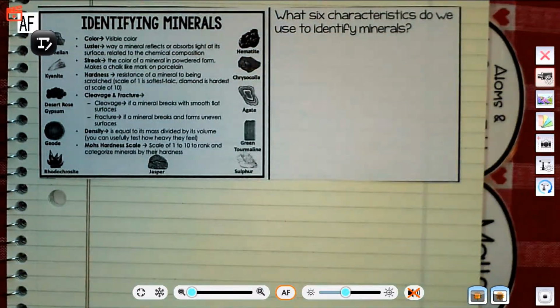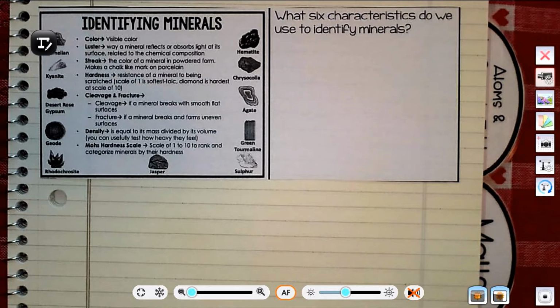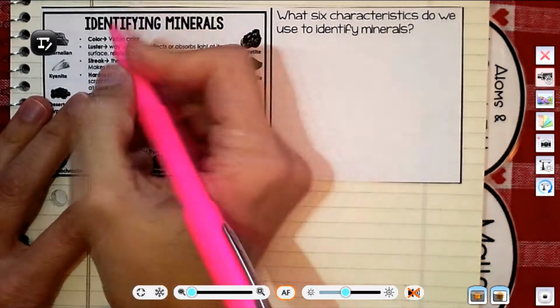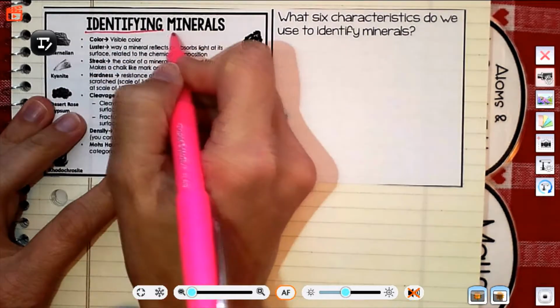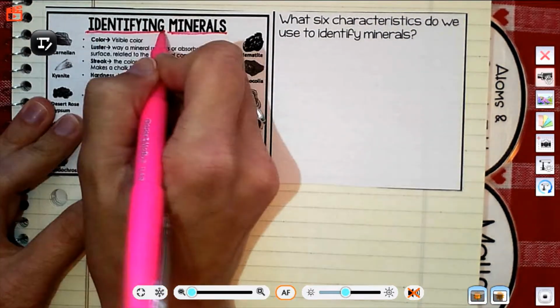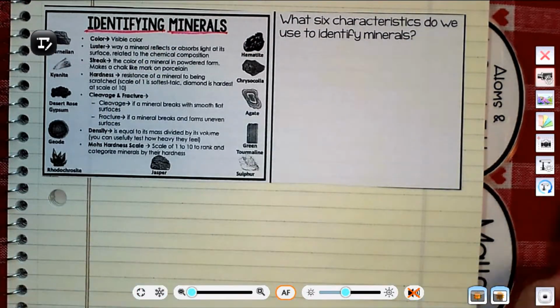Okay, so identifying minerals. So this is what we're going to be doing as we remember in our gizmo. So in order to identify minerals, we're going to do a couple different things. We're going to look at their color.